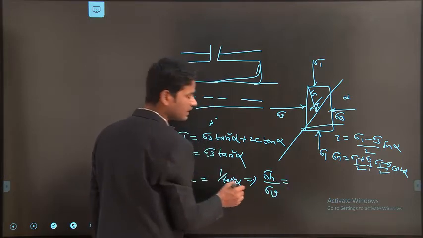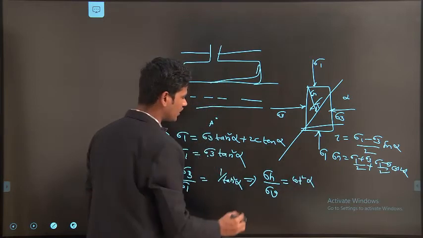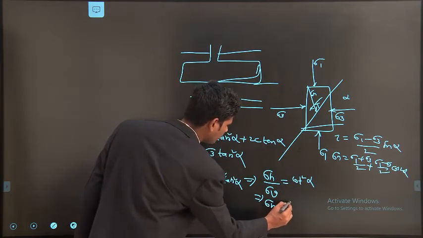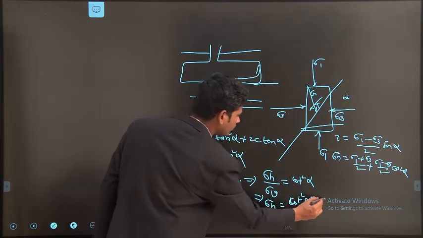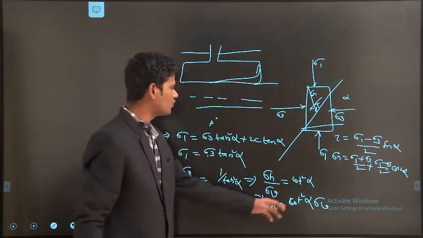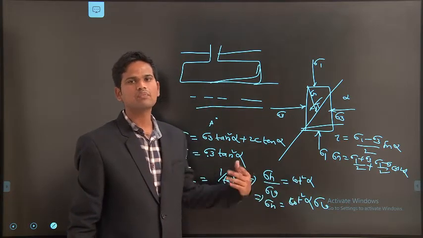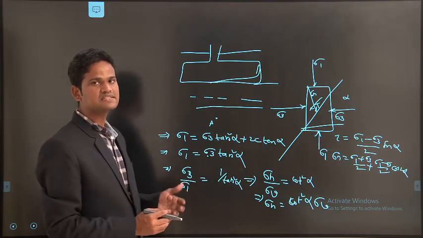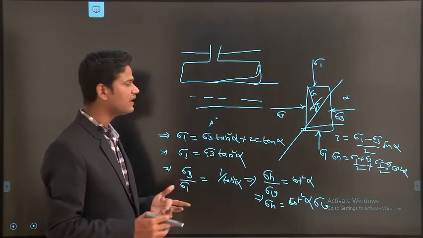So we have cot square alpha. From this, sigma h equals cot square alpha into sigma v, where cot square alpha can be taken as (1 minus sin phi) by (1 plus sin phi).